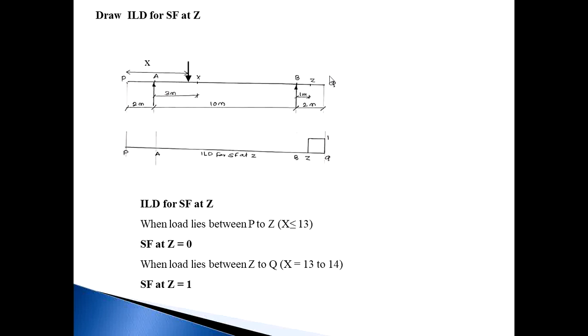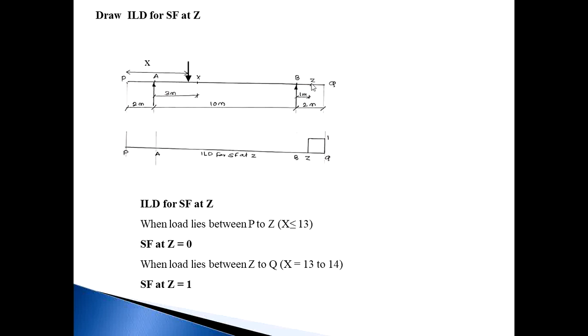Suppose when load lies between P to Z, the number of forces on the left side of the Z is Ra, this 1 kilonewton force, and Rb, and the number of forces on the right side of the Z is 0.